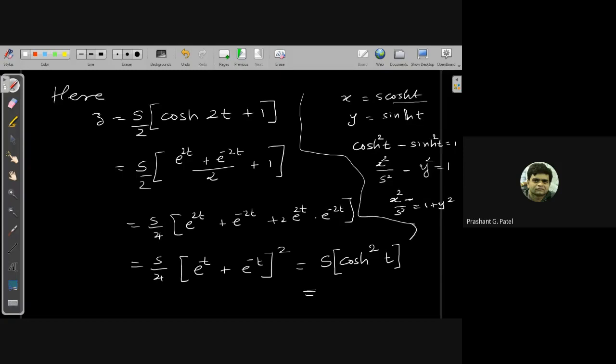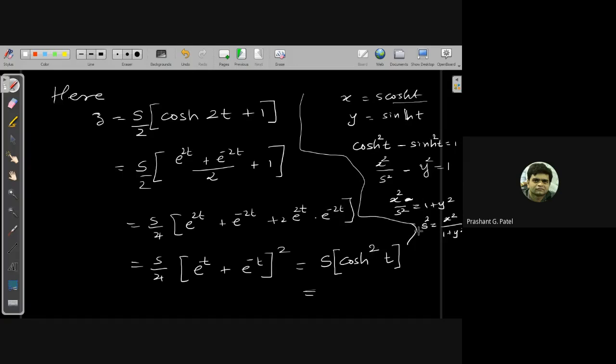So the value of s, so s square will be x square by 1 plus y square.